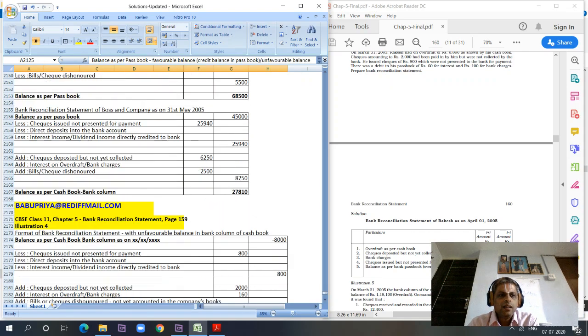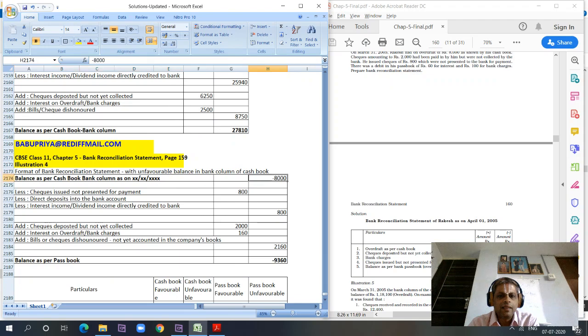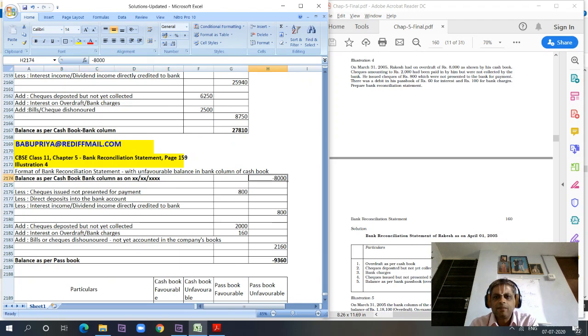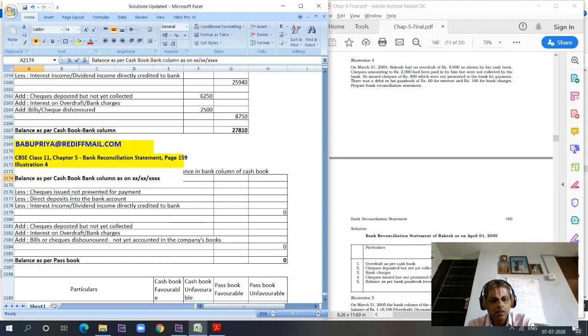So let's put in another illustration, which has an unfavorable balance in the cash book. Balance as per cash book: on March 31, 2005, Rakesh had an overdraft of 8,000 rupees as shown by his cash book.